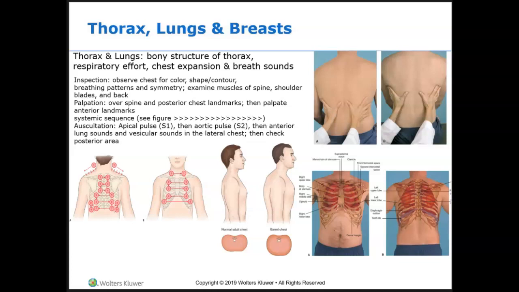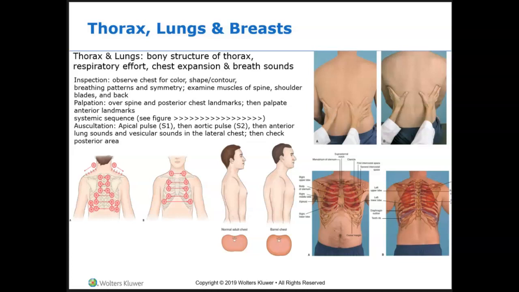Then we're going to assess what's called the anterior, posterior, and lateral diameters of the thorax, right? So remember, when we're looking at the anterior to posterior aspect of the chest, we're looking to see, do they potentially have what? COPD, right? Because you end up getting a larger barrel chest many times. You're going to check to see if the spinal column is straight. Are the left and right shoulders and hips at the same height?